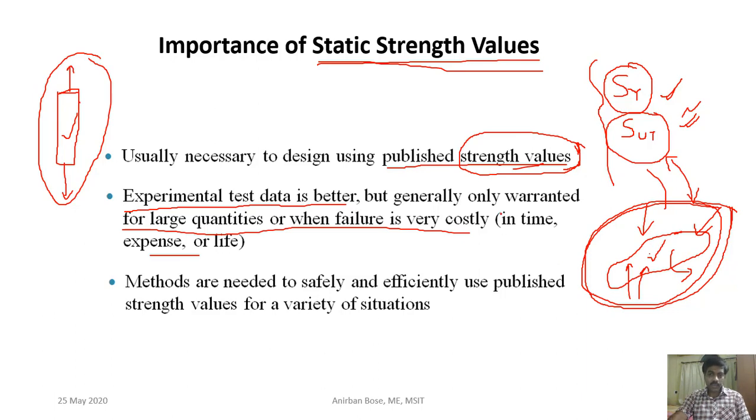But if the quantities are very large, then it is okay. If a similar kind of shape and similar kind of loading is coming on a component, and the number of components is very large, or the process is very costly, where your prediction should be very accurate, in those cases only we do the actual test or actual experiment on the actual shape and loading.